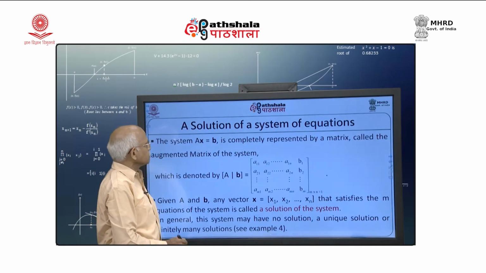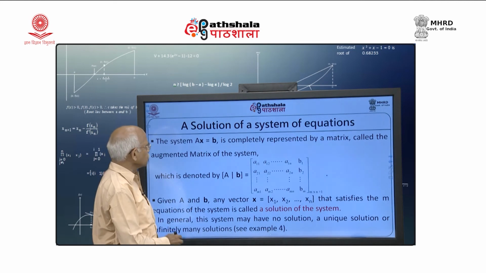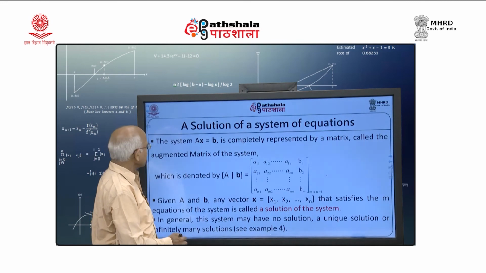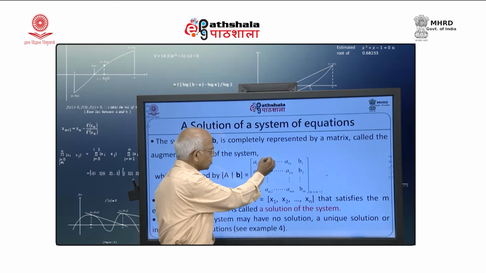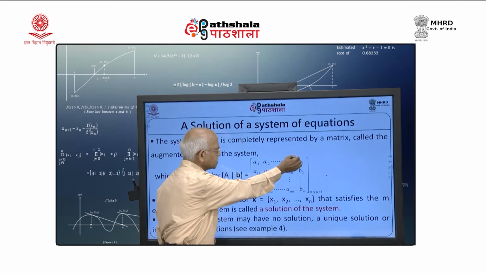Now, the solution of a system, that is the system Ax equal to b, is completely represented by a matrix called the augmented matrix. What is important is that we want the coefficients of the variables and the right hand side vector.